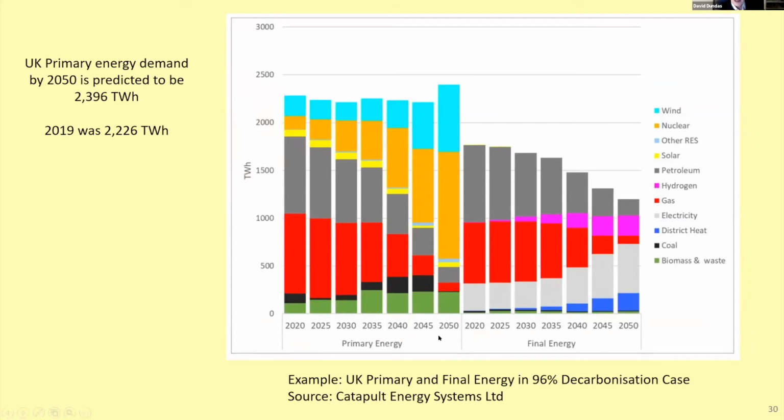What's interesting is that they are predicting by 2050 that, although wind is going to have a large amount of the primary energy production, compare that with 2020, it's going to increase hugely. But this bit here, the brown, that is nuclear power. So they are predicting that there will be more energy coming from nuclear power than from wind by 2050, which I find very interesting.